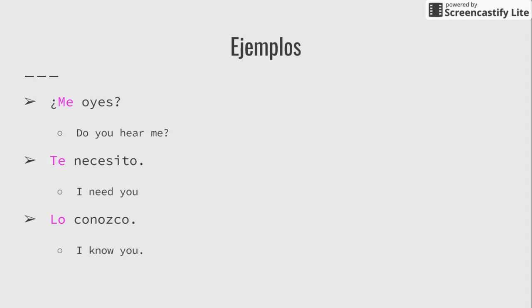And the direct object pronoun examples. ¿Me oyes? Do you hear me? So we are asking ourselves here, who hears me? You. Do you hear me? Te necesito. I need you. Lo conozco. Who do I know? I know you.